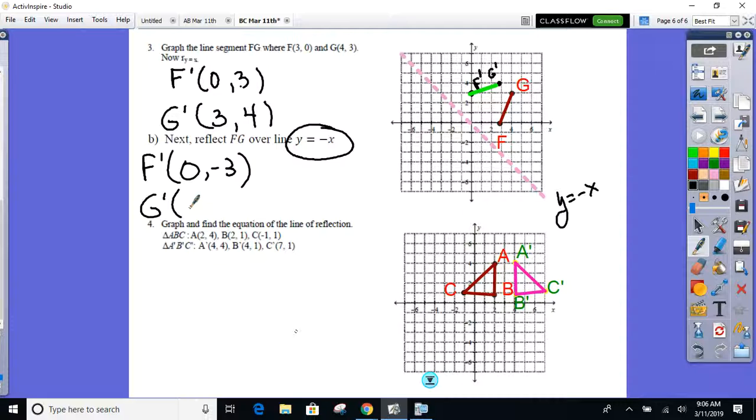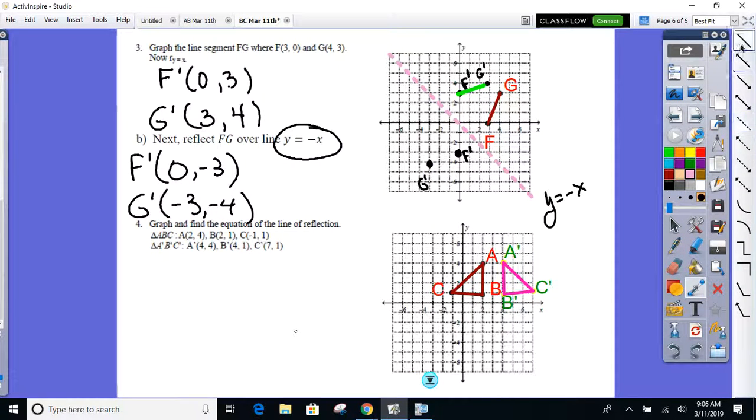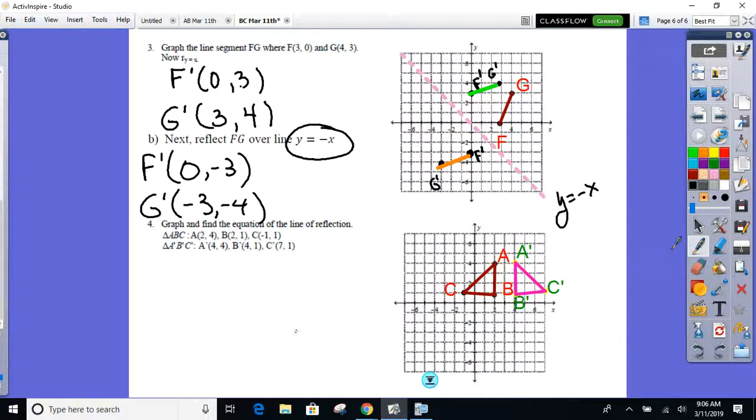And 4, 3 will become negative 3, negative 4. There you go. Flipped over that line.